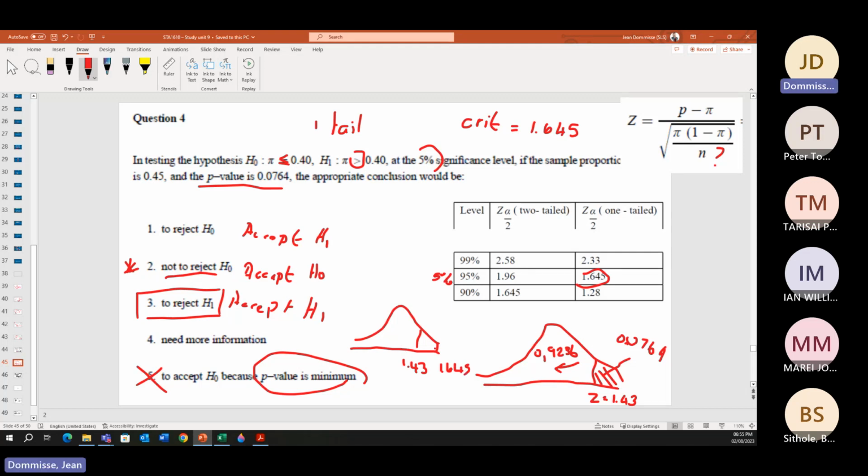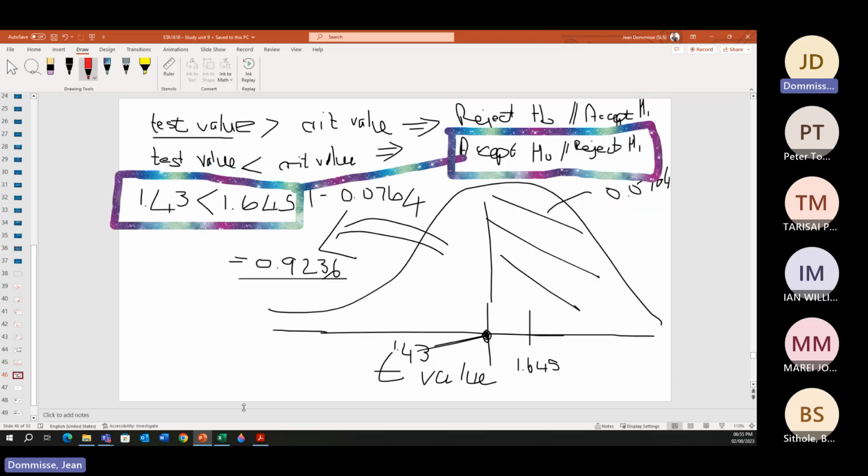So if your t-stat is to this side, we accept. So that's why we accept the null hypothesis. There is your critical, and to that side we are accepting it. Your test value was smaller than your critical, so we accept it. So again, this is just a bigger way of showing how we got to that.